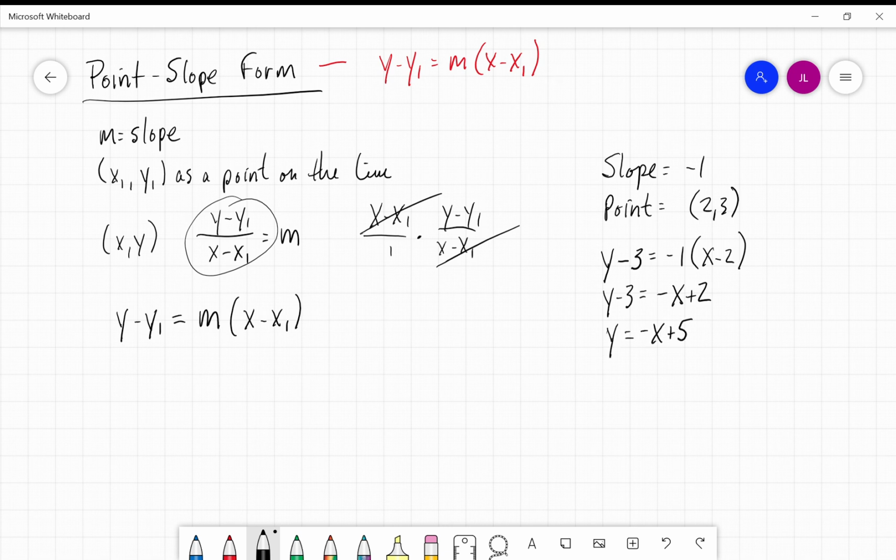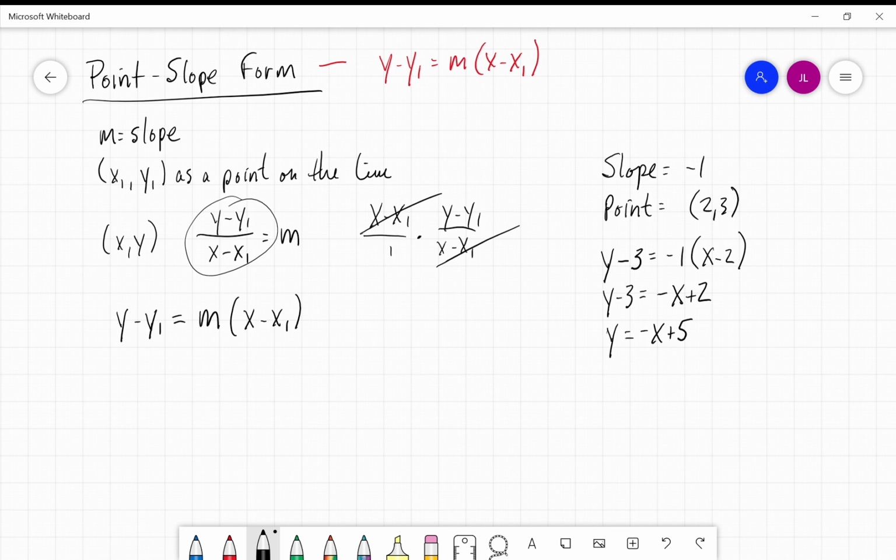Look at what we have. We just went from point slope, and solving that, we go into slope intercept. So we use point slope, we work through here. And what if we want to put this in standard form?